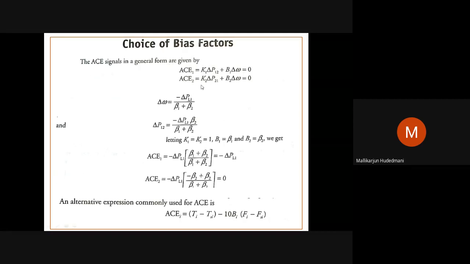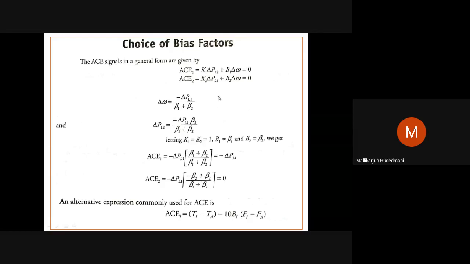Then ACE 2 is again given as K2, a gain of that area controller, times delta P21, and we are very sure delta P12 and delta P21 are opposite to each other, plus beta 2 times delta omega, which would be 0. Having viewed these, these two equations are the governing equations for our interconnected mode of operation using supplementary control to the existing primary controller.